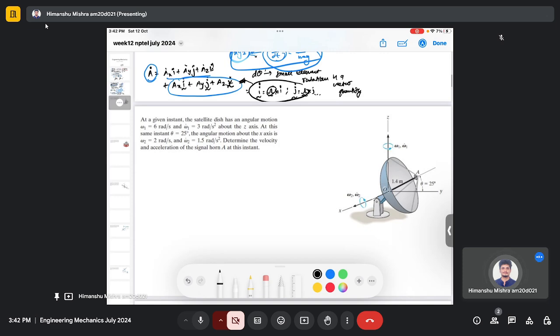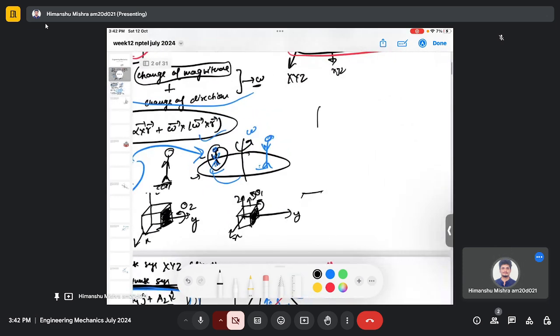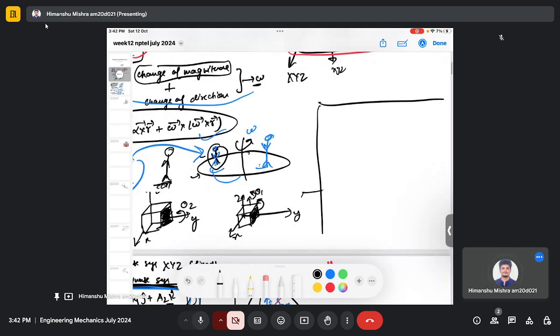Before solving this problem, let's talk about another concept that we will use. Let's say here we have this system. Let's say this is the z axis, this is x and this is y.